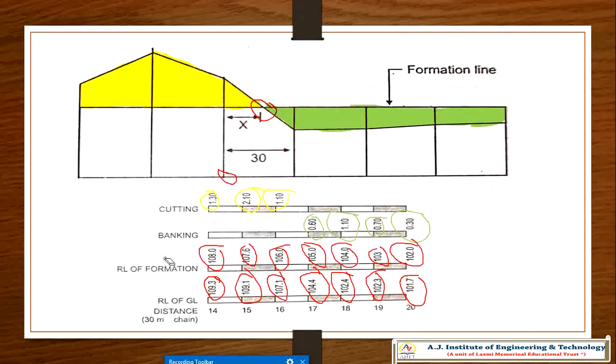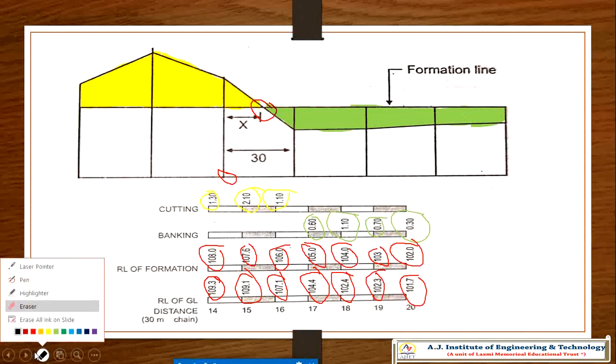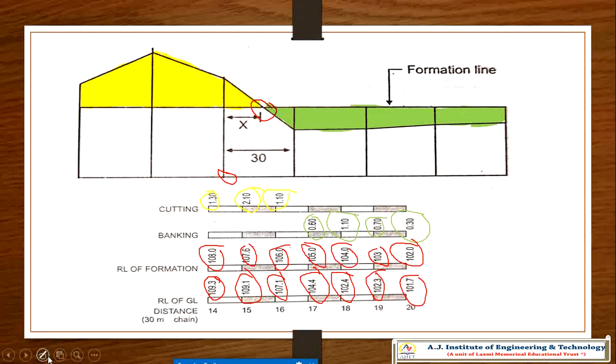So this is how we are going to draw the situation in this regard. The problem says this much.